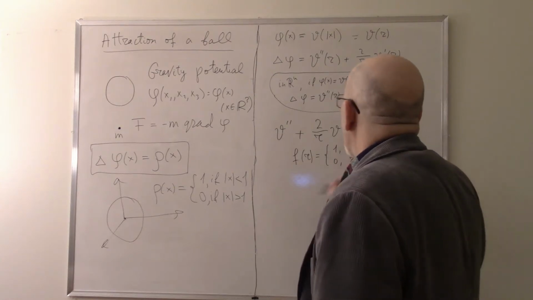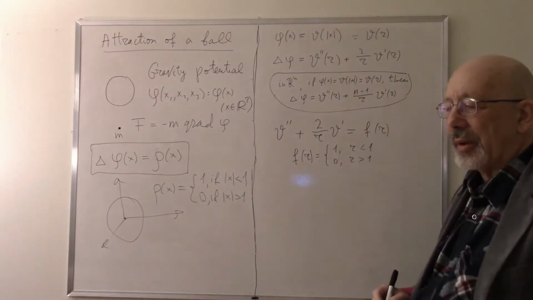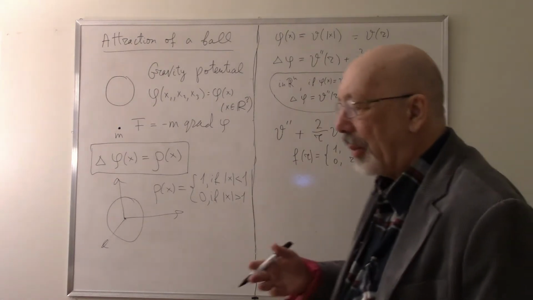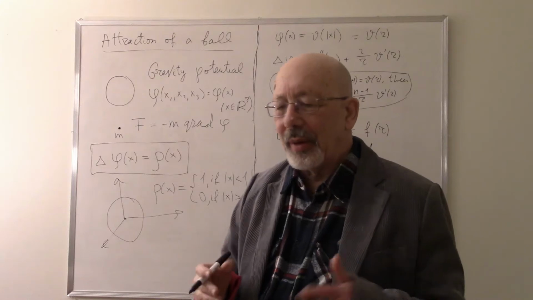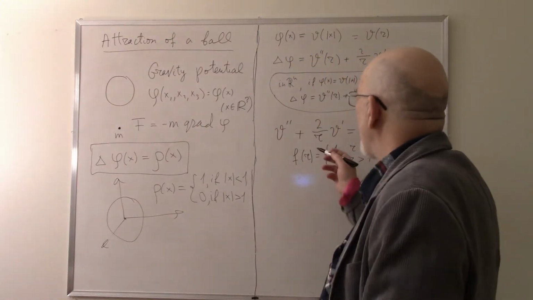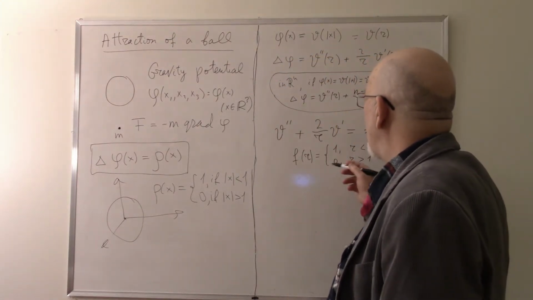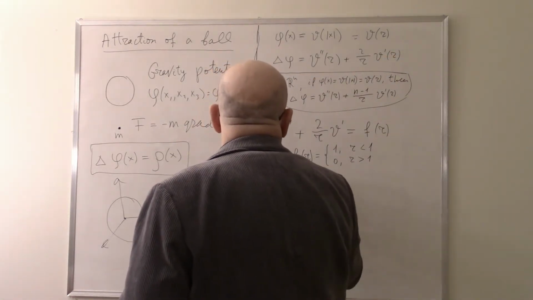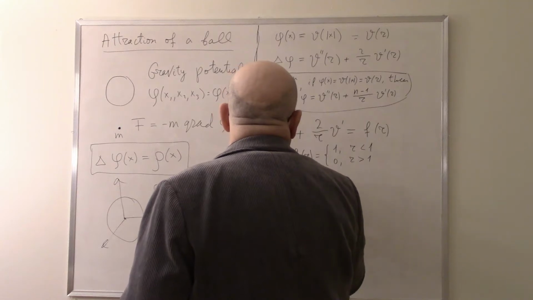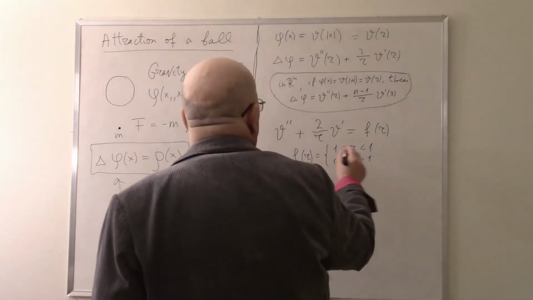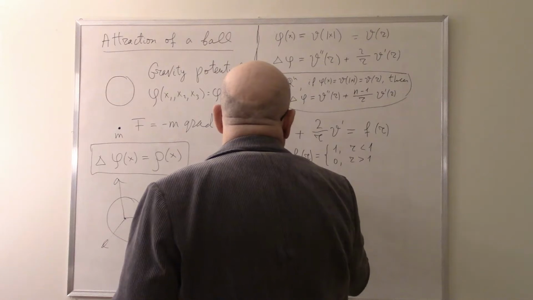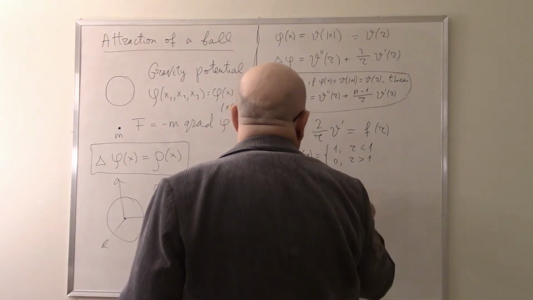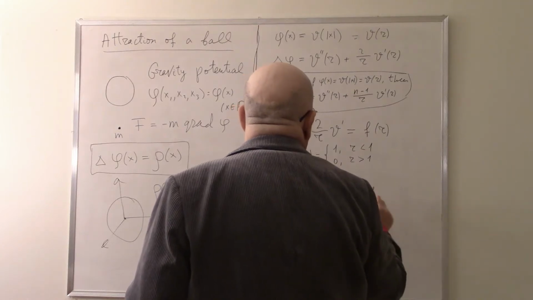R is positive, so I don't write that it is more than 0. Now this problem splits into two problems: one for r less than 1 and the other for r more than 1. For r less than 1 you have v double prime plus 2 divided by r v prime equals 1.